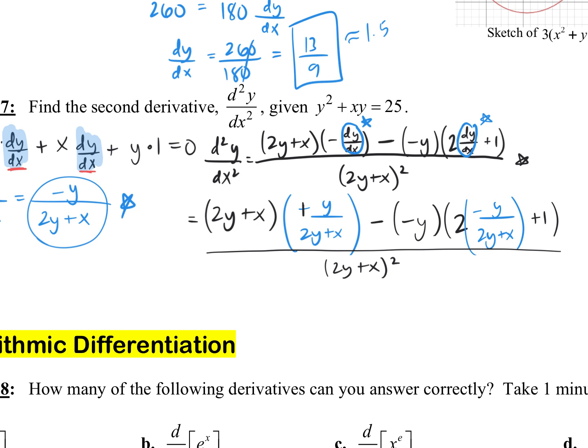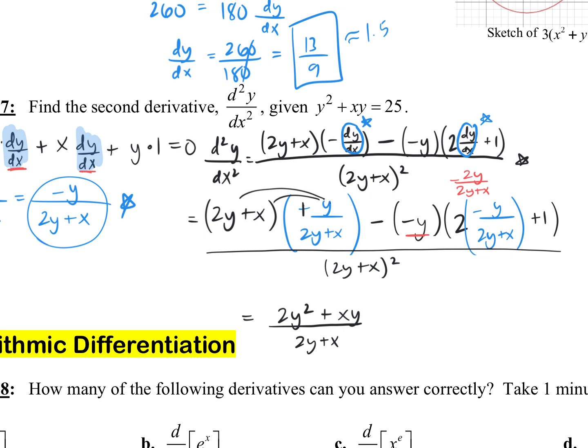Now we need to distribute. So this y, I'm distributing to both of these things, right? So this is now going to be 2y squared plus xy, all divided by 2y plus x. And then over here, this is a little messy. I'm going to rewrite this as negative 2y over 2y plus x, because then I'm also going to multiply it by a negative y.